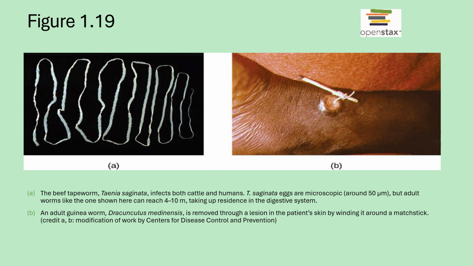Usually for those, to remove them, you don't want them breaking off internally, and so oftentimes what they'll do is they'll take a stick or a rod, and once they get the end, they just slowly roll that to carefully remove it from the individual.